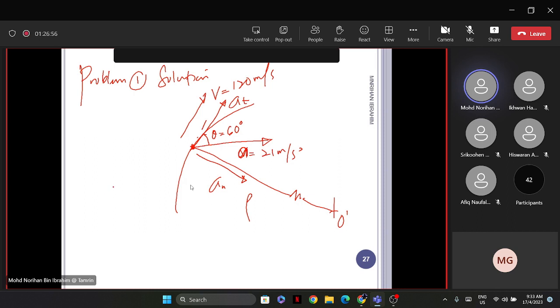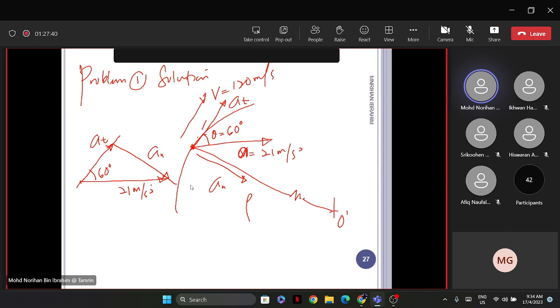So by applying trigonometric identities, we can draw it like this. This one is A tangent. This component represents A normal, AN. And the magnitude of acceleration is 21 meter per second square, with theta equal to 60 degree.